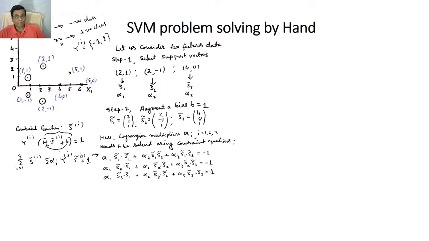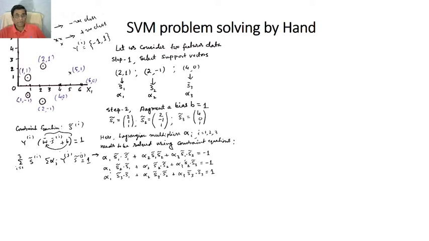So for this support vector, alpha 1 S1 curly dot S1 curly, and then alpha 2 S1 curly dot S2 curly plus alpha 3 S1 curly dot S3 curly. That sample belongs to the negative class, so y is -1, it will be -1. So I got an equation like this.